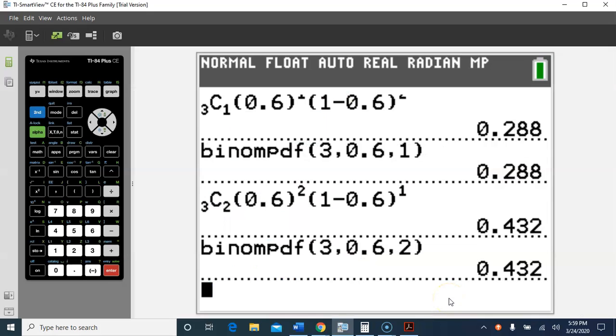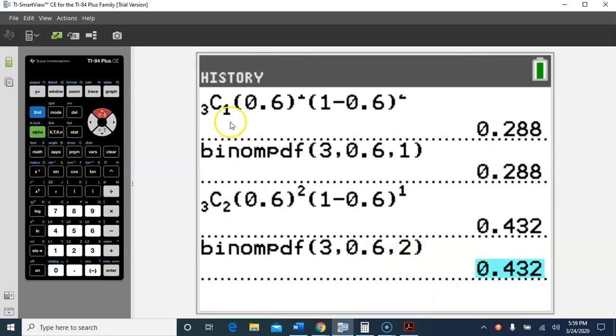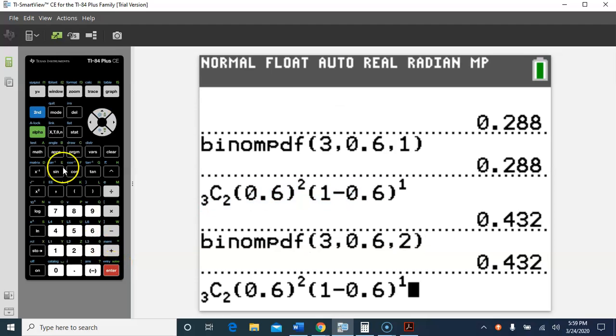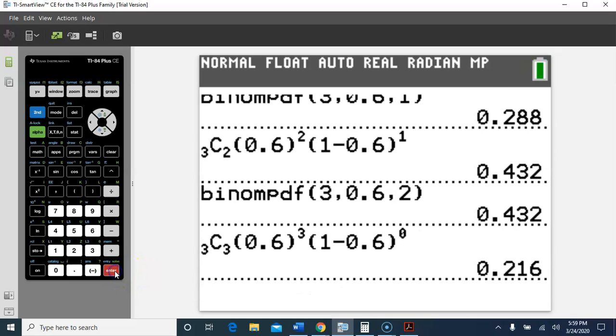Or by calculator, the probability of 3 successes would be 3 choose 3, and then the probability of success to the 3rd power, and then the probability of failure to the 0 power, because if you've had 3 successes, then you've had 0 failures.